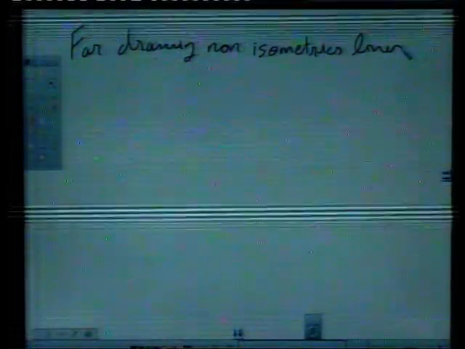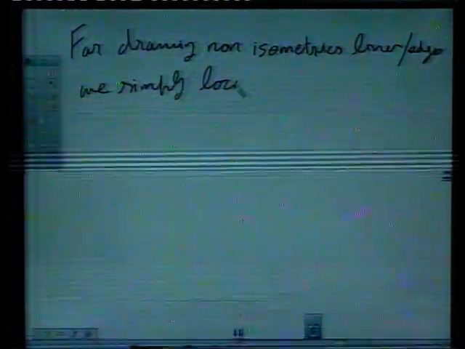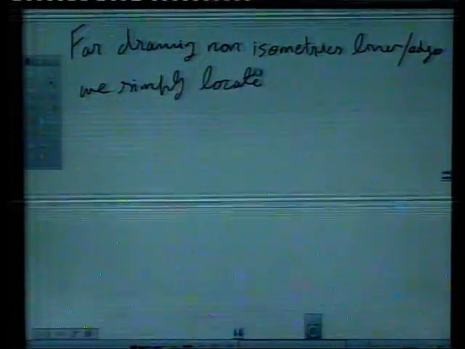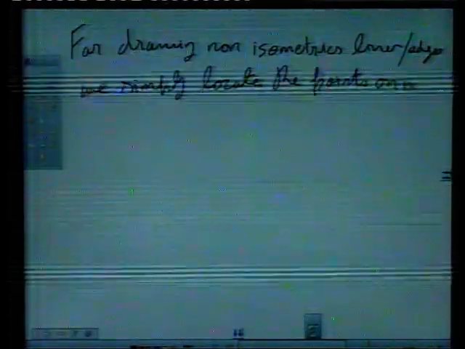Next point is, for drawing non-isometric lines or edges, we simply locate the points on isometric edges.